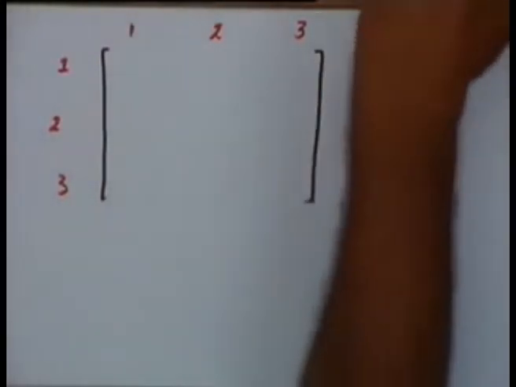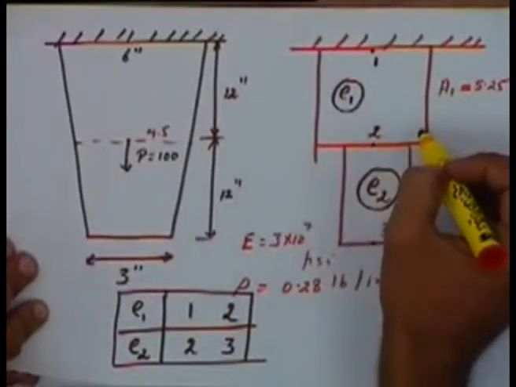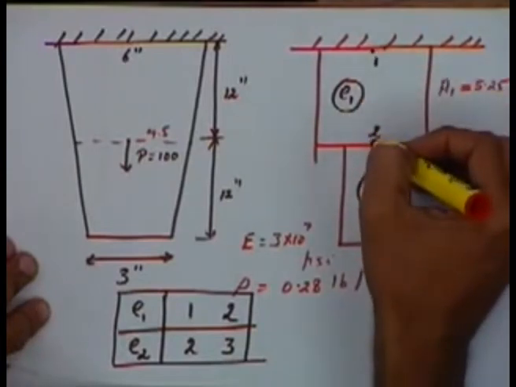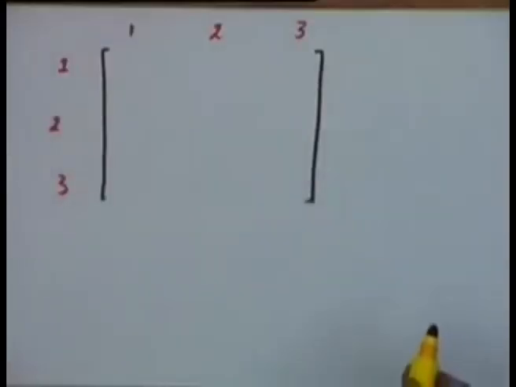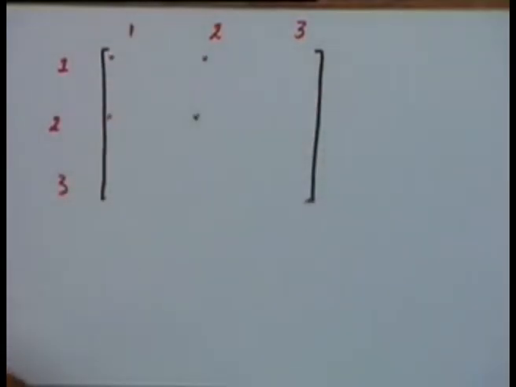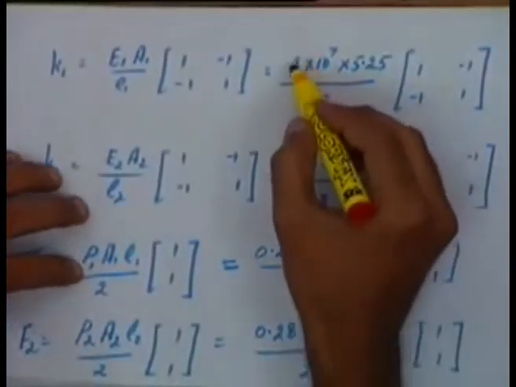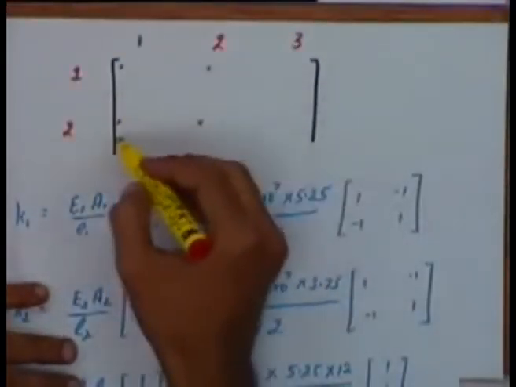The stiffness matrix for the first element will take locations 1 and 2. Locations 1 and 2 would mean this location, this location, this and this. So these four terms will come in these 4 locations.